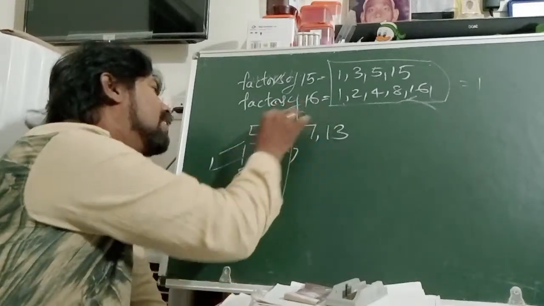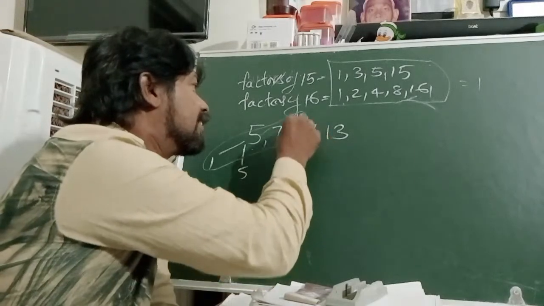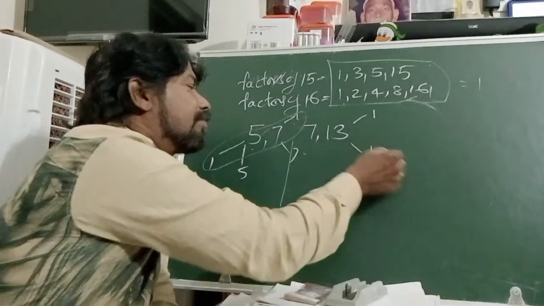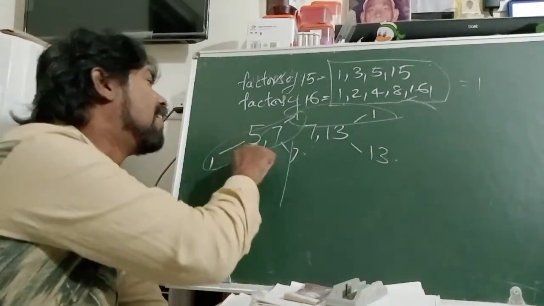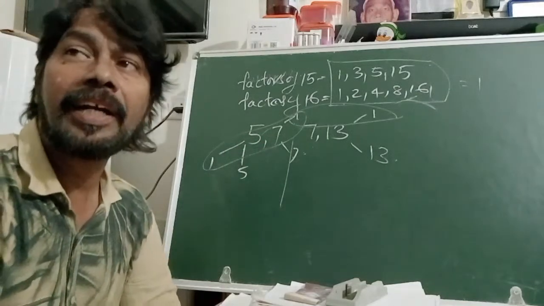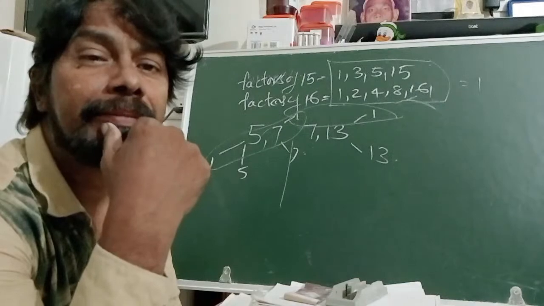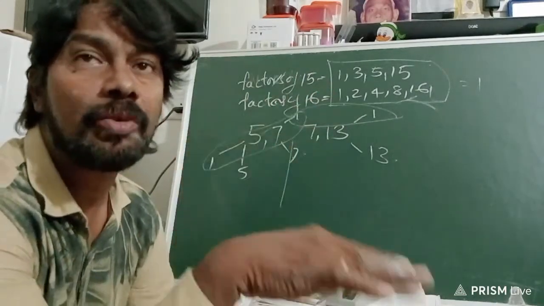So only 1 is the common for both. The factors of 7 are 1, 7, and of 13 are 1, 13. So common is only 1. That's why 5, 7 are co-primes, and two prime numbers are always co-primes. Two consecutive numbers are always co-primes.